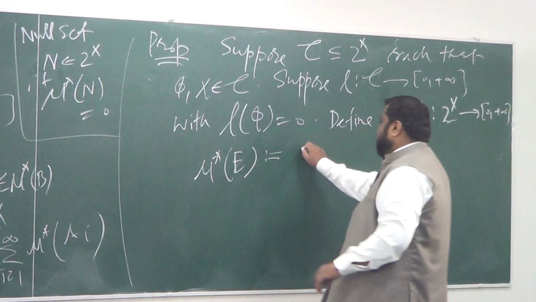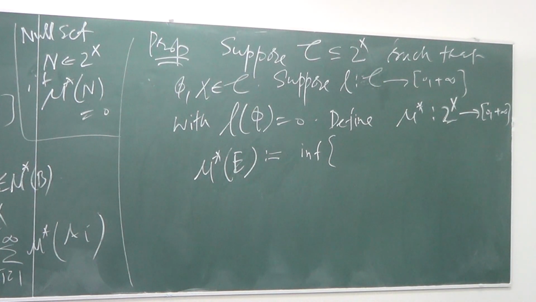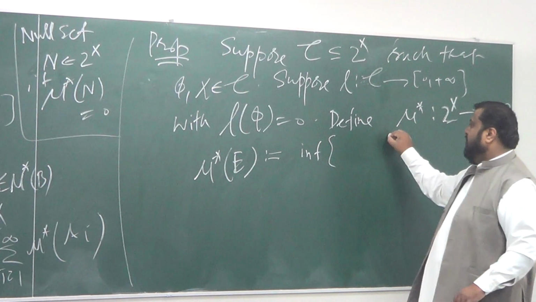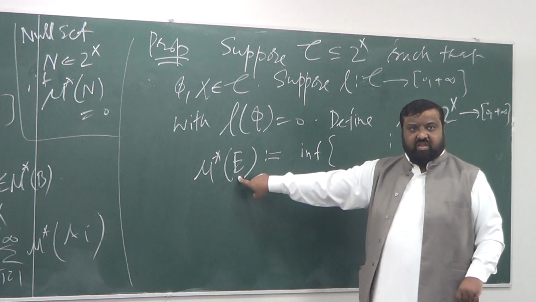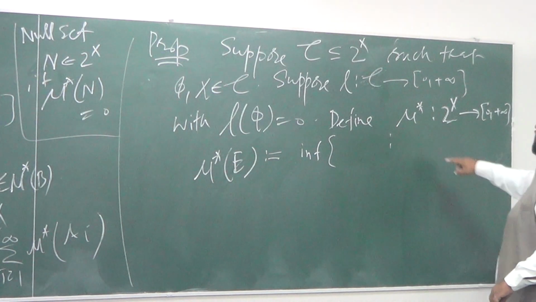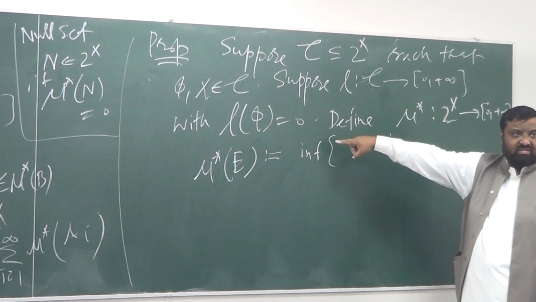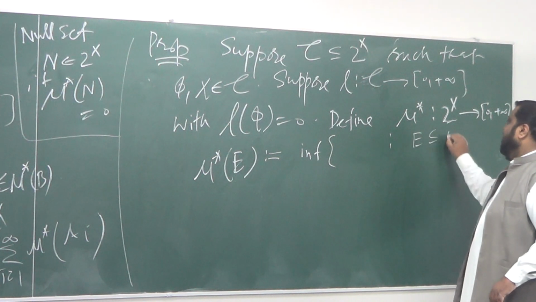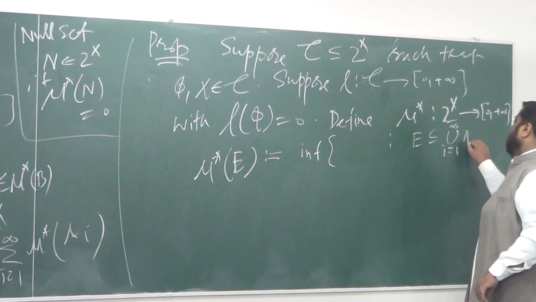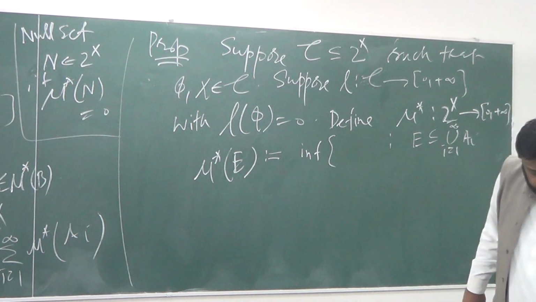So if I want to write a definition, obviously it must be an infimum. But infimum of what? Mu star of E. First of all, if I have an E, let's try to find some elements from C which can cover E. In other words, imagine E is contained in the union of A_i, i equal to 1 to infinity, where the A_i are from C, and maybe pairwise disjoint as well.